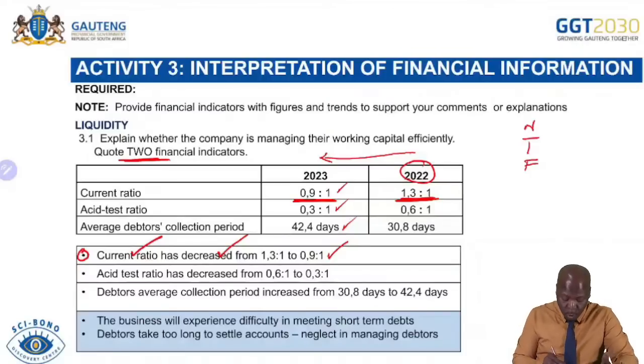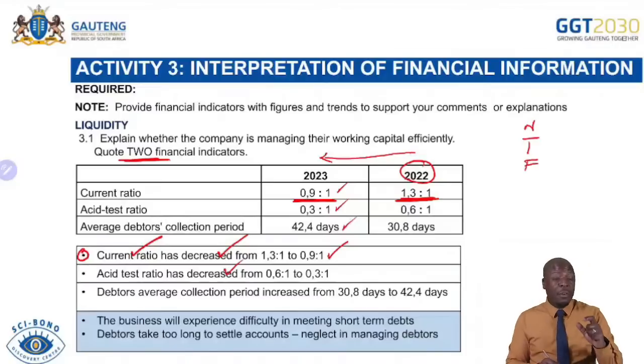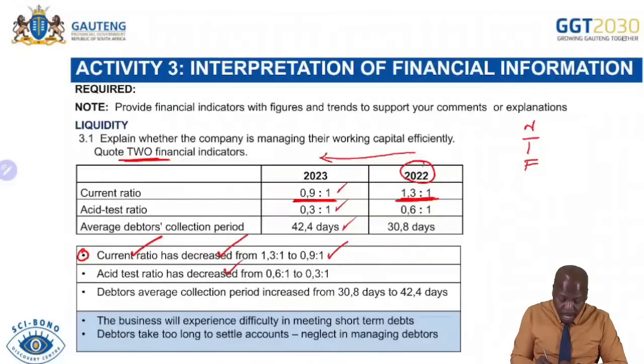The second one, we're going to look at the acid test ratio. Remember the difference between the current ratio and the acid test ratio. With the acid test ratio, when we're calculating it, we exclude inventory. So it is your current assets minus inventory as to your current liabilities. When we come to the acid test ratio, you can see it was 0.6:1 in 2022.